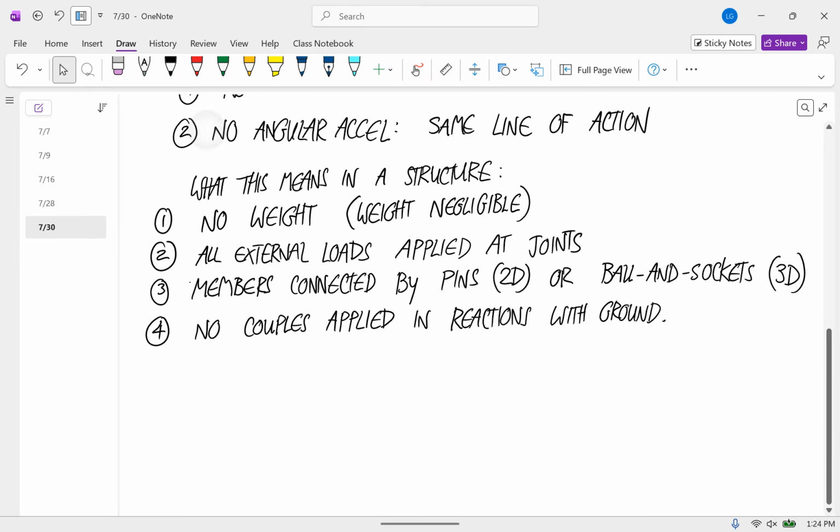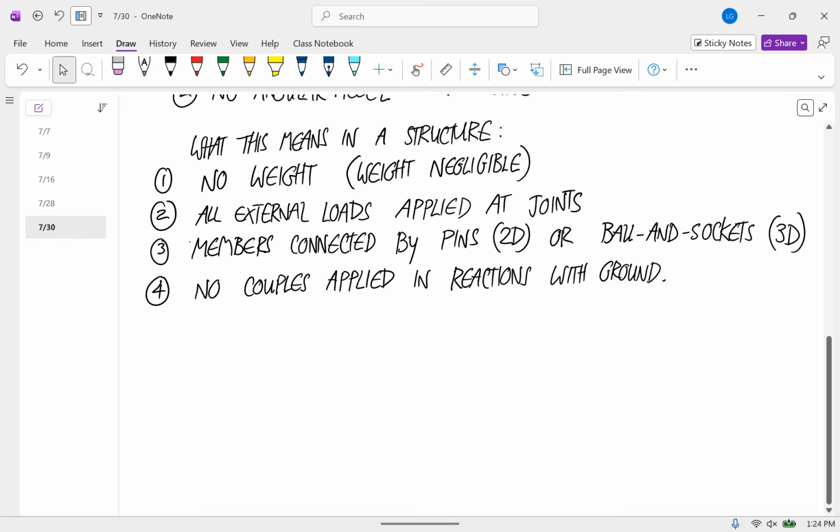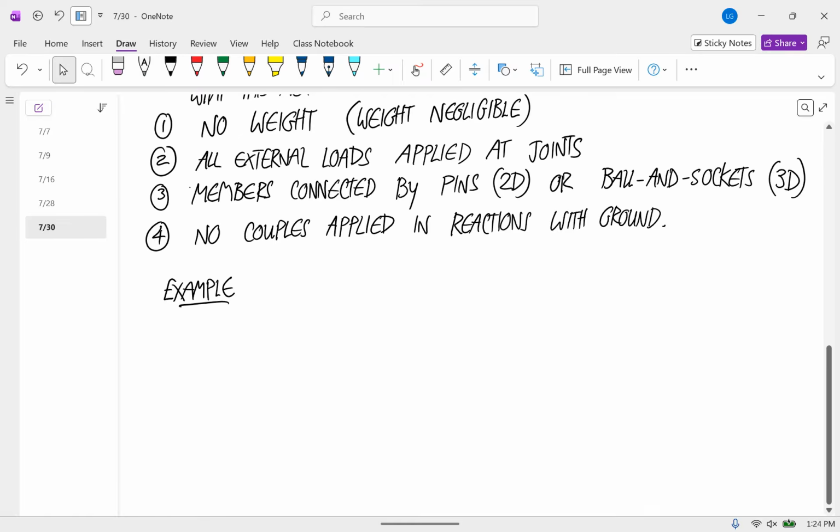Okay, so let me draw an example of a truss, and then we'll go through these requirements, and I'll explain how we've figured out that this thing can be treated as a truss. All right, so let's say that we have this structure. There's a pin over here at the lower left, and then all the members are connected to each other by pin joints.